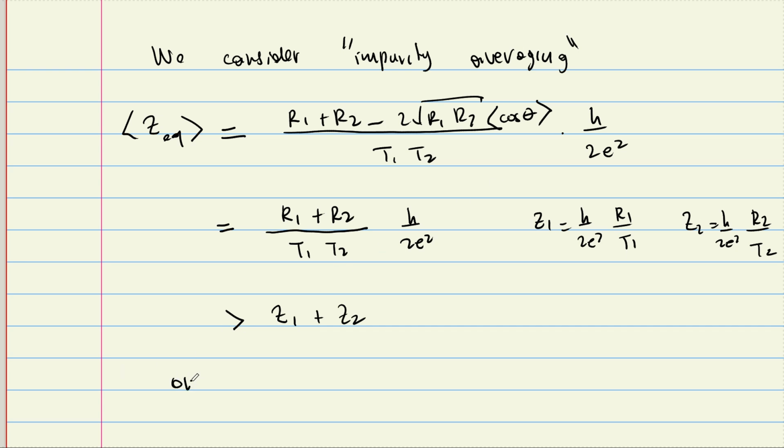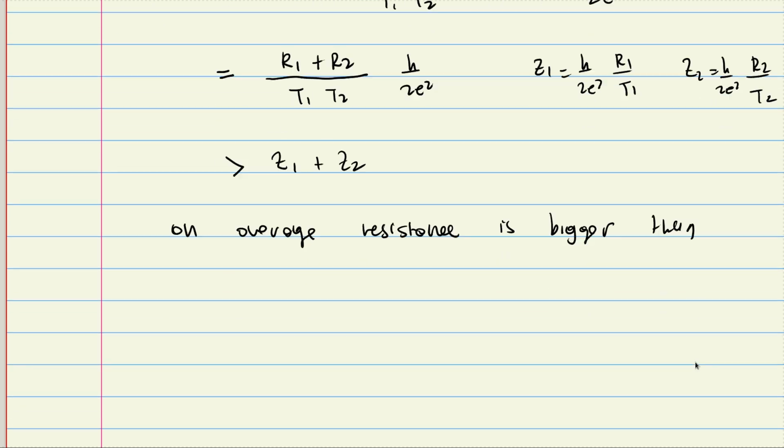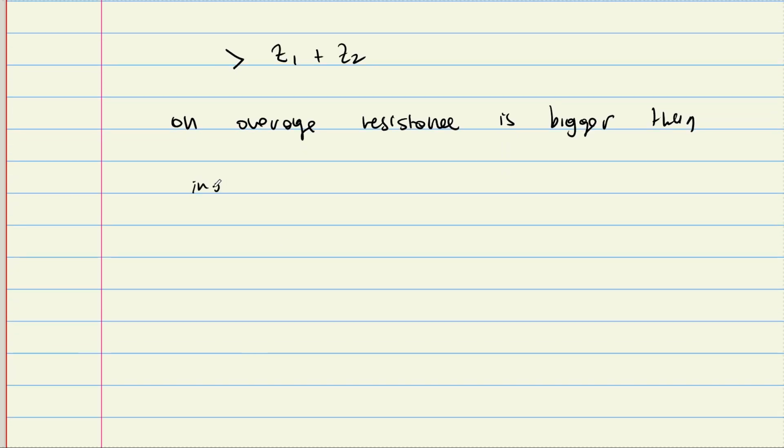So on average, resistance is bigger than for independent resistors. This is again due to interference.